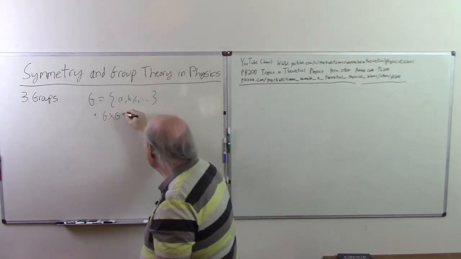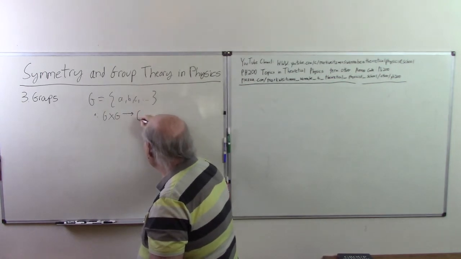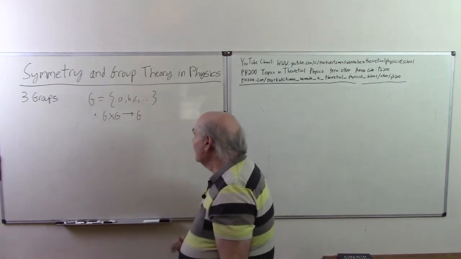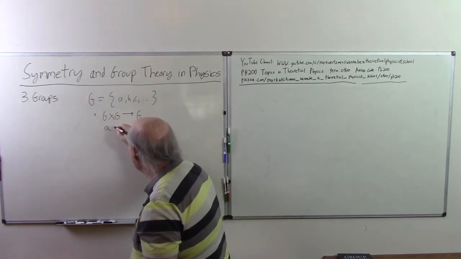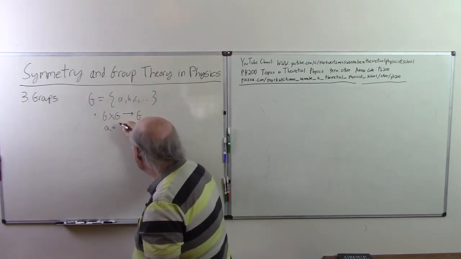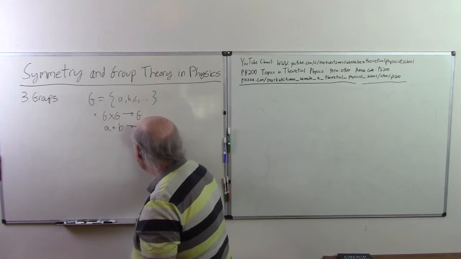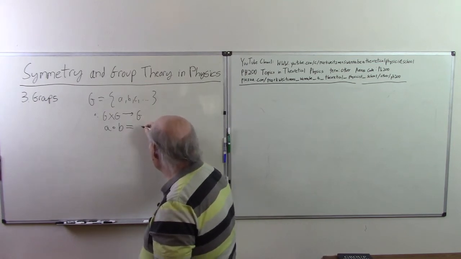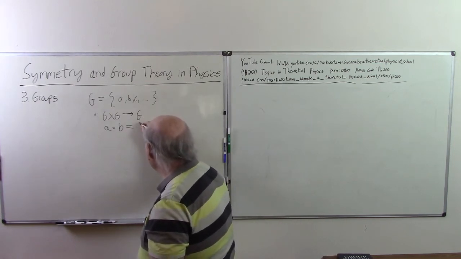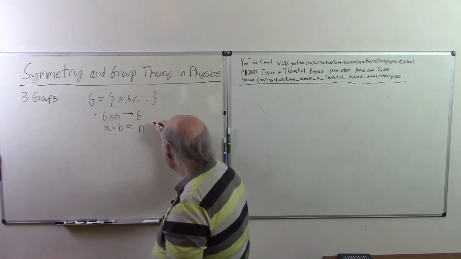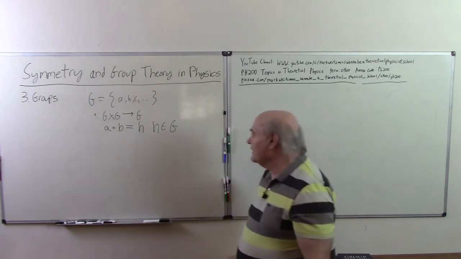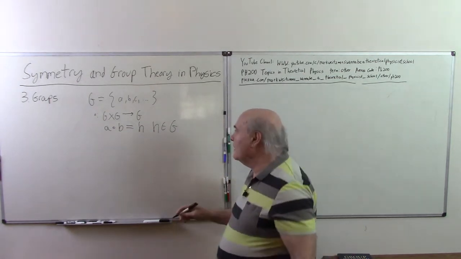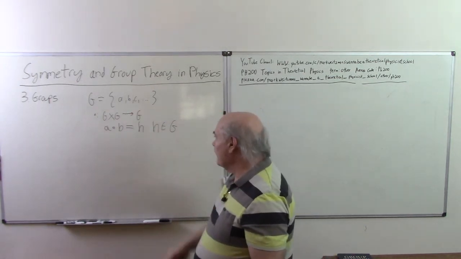But it goes from G cross G to G, which simply means if we take 2 elements like A, then group operation B, we get another thing, let's call it H, and H is in the group. So this is the first property that a group has to have. It has to be closed under the group operation.